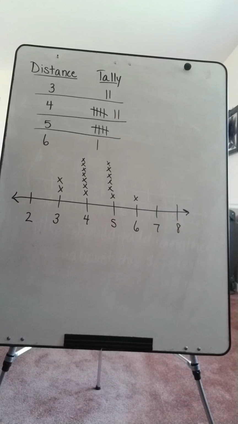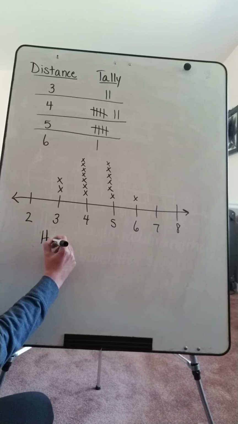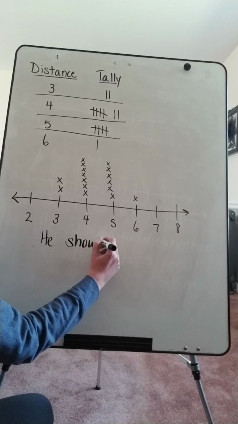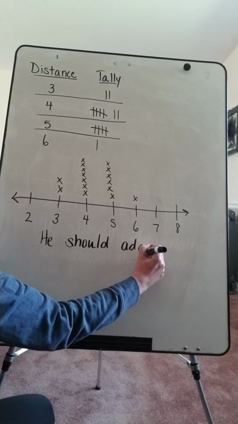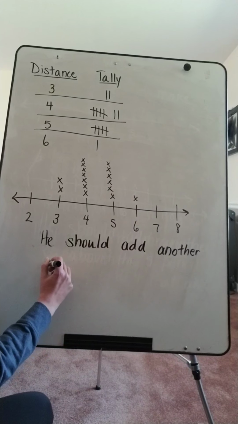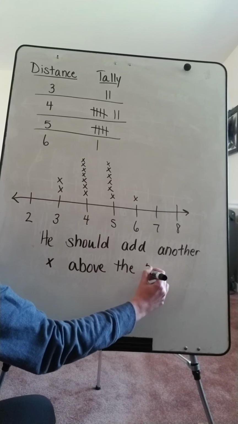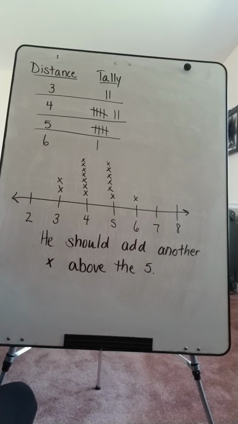So for number 1, you're going to write, he should add another X above the 5.